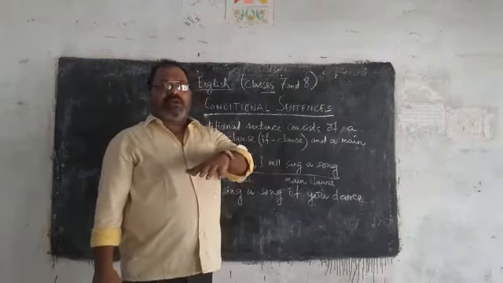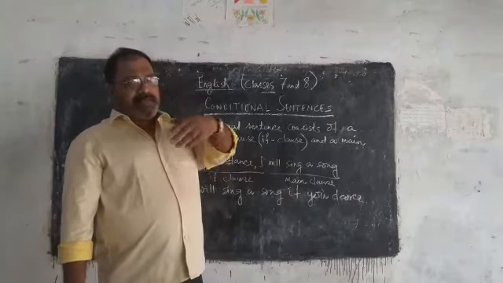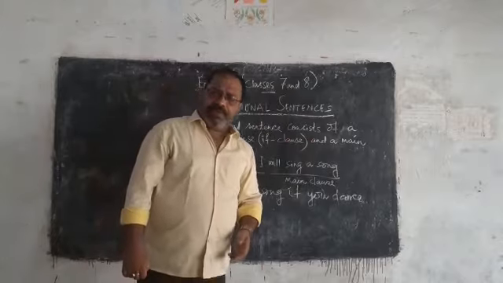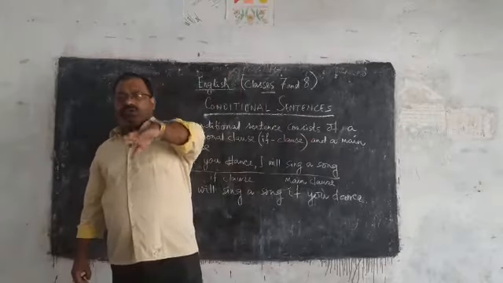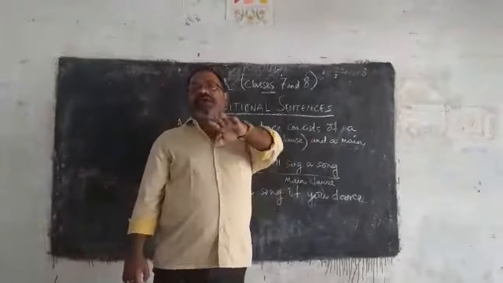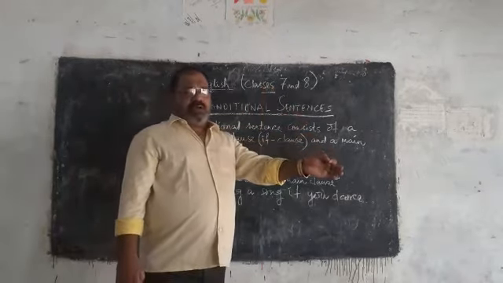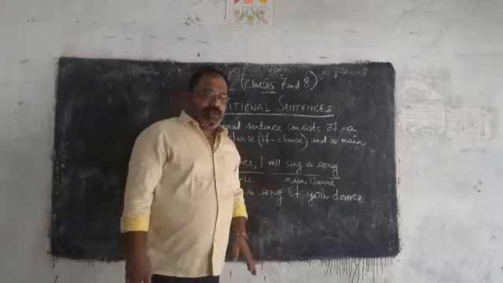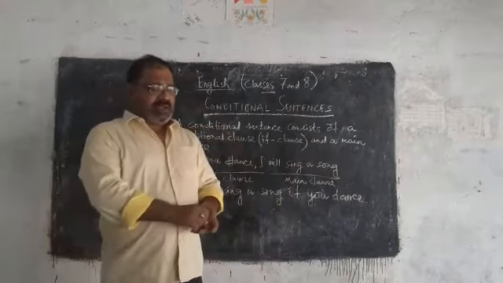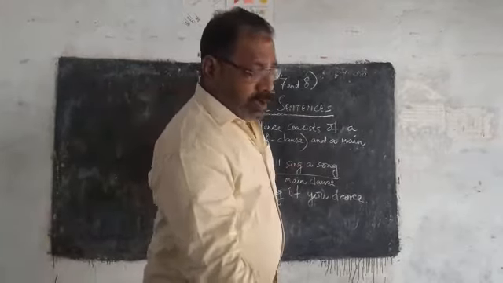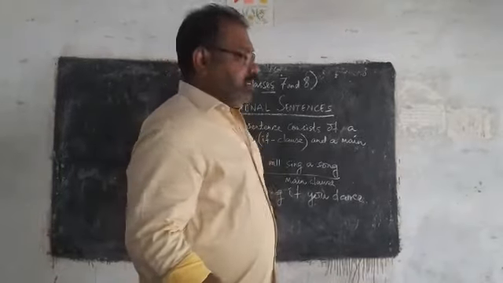If we write the main clause first, we don't separate it from the if clause with a comma. But if we use the if clause first, after the completion of the if clause, we put a comma. This sort of sentences are called conditional sentences.